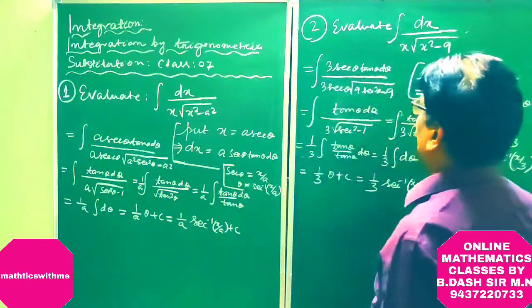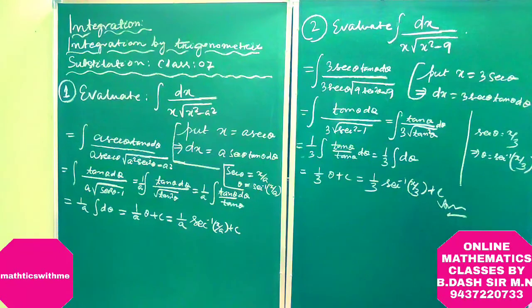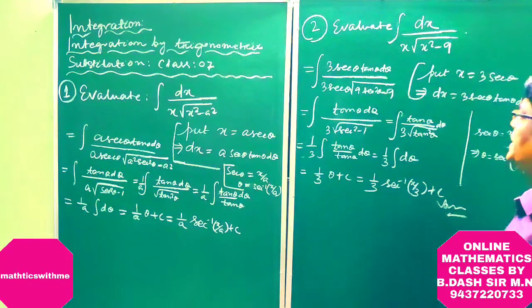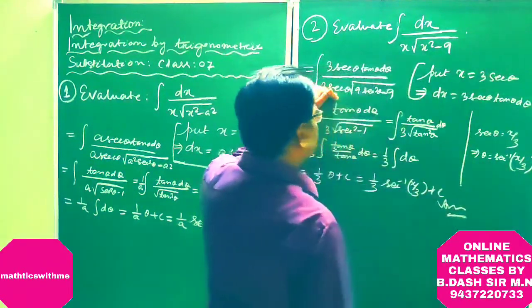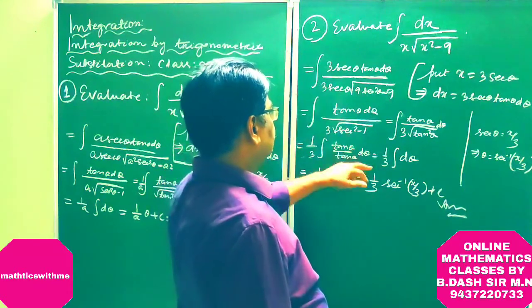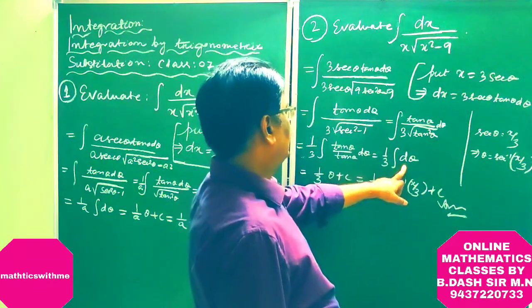So here we have to evaluate dx by x root of x square minus 9. Put x is equal to 3 sec theta, dx is equal to 3 sec theta tan theta d theta. Now putting the value after simplification, we get this is equal to 1 by 3 d theta.